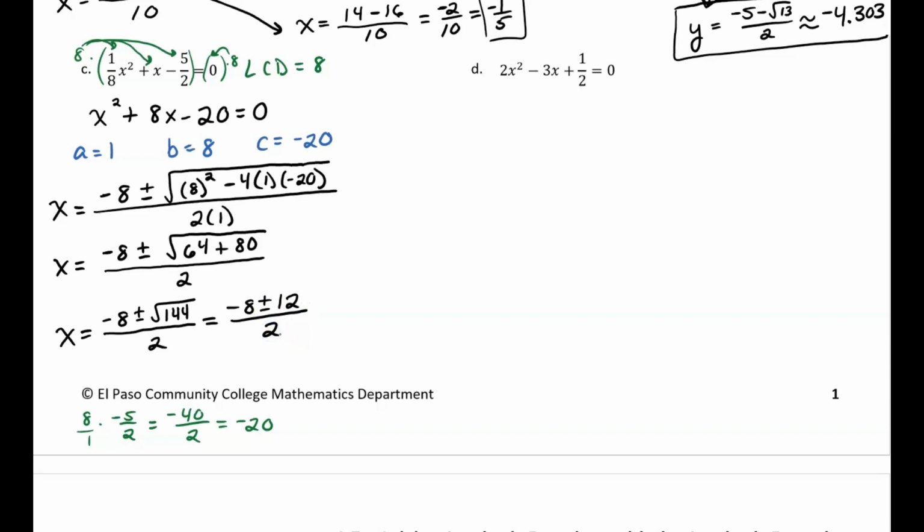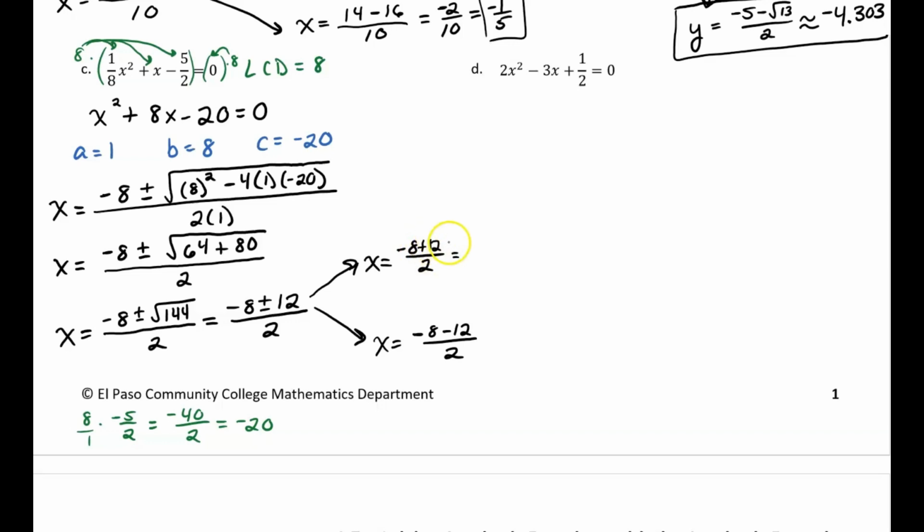So at this point, we're ready to break our answers apart. We know that plus or minus is going to give us 2 possible solutions. So negative 8 plus 12 divided by 2, and x will equal negative 8 minus 12 divided by 2.